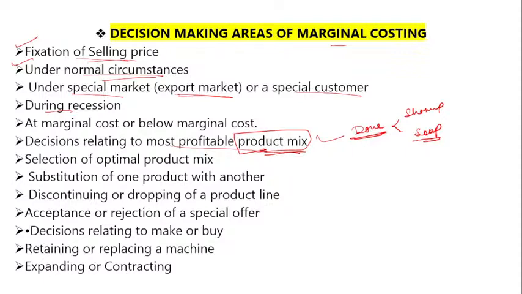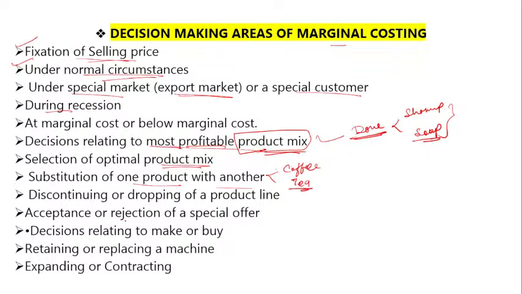Decisions related to the most profitable product mix, these are most profitable for the company. So selection of the optimal production mix. Substitution of one product with another. The Nestle company also offers coffee and also produces tea. So these are substitutes of each other.